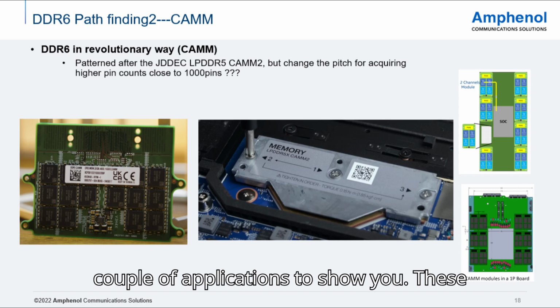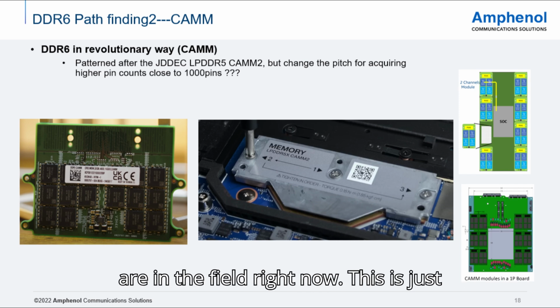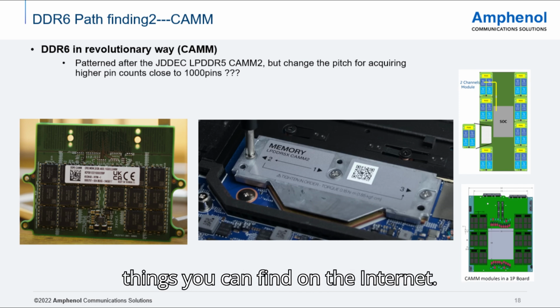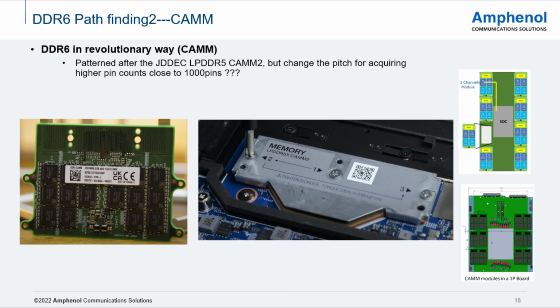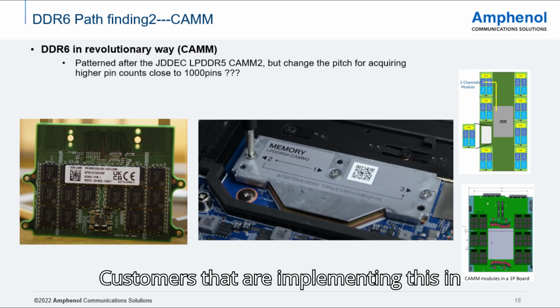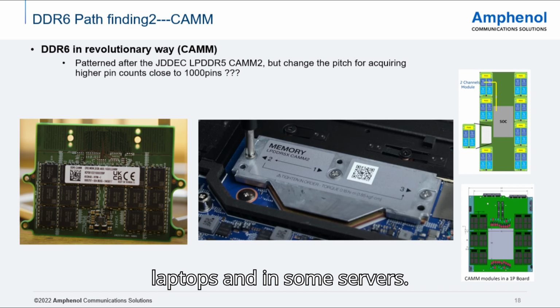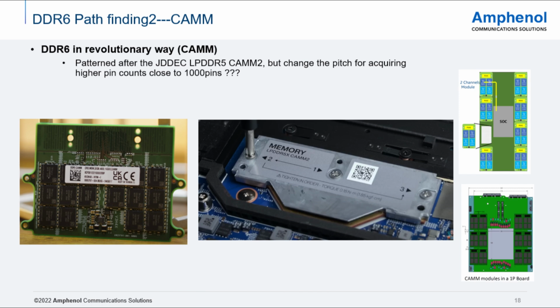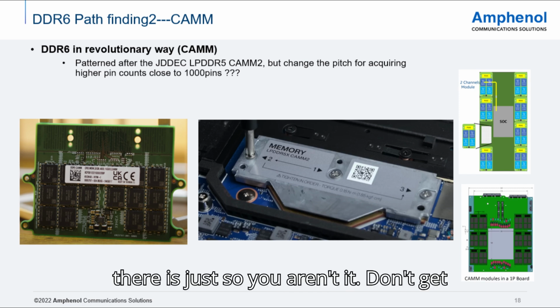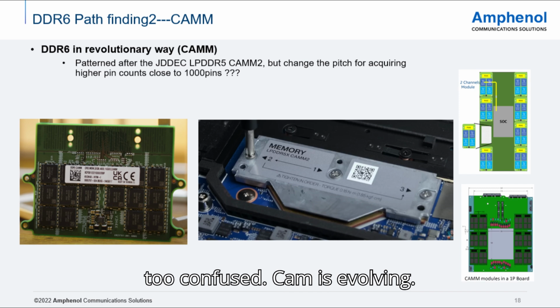Here's a couple applications to show you. These are in the field right now. These are just things you can find on the internet. Customers are implementing this in laptops and in some servers. This is DDR5 CAM. And just so you don't get too confused, CAM is evolving.